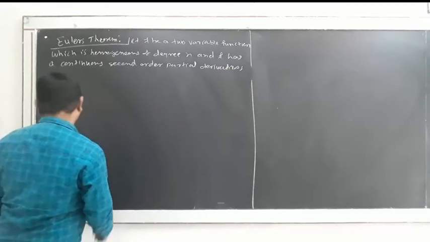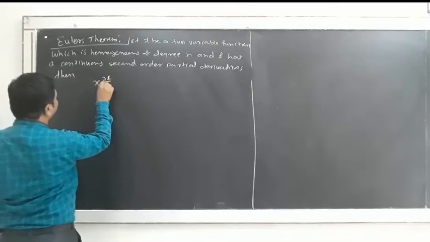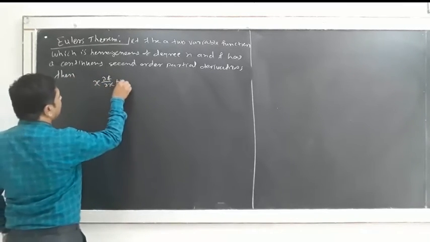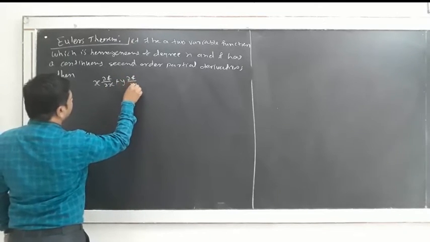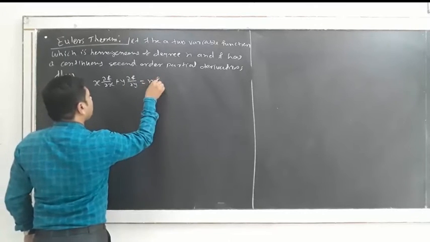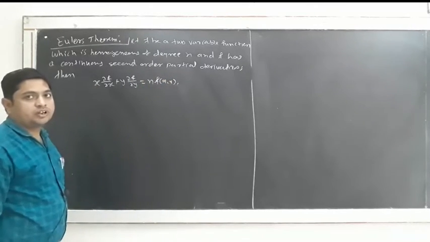Then we can say x ∂f/∂x plus y ∂f/∂y is equal to n times f of x, y. So this is our statement.